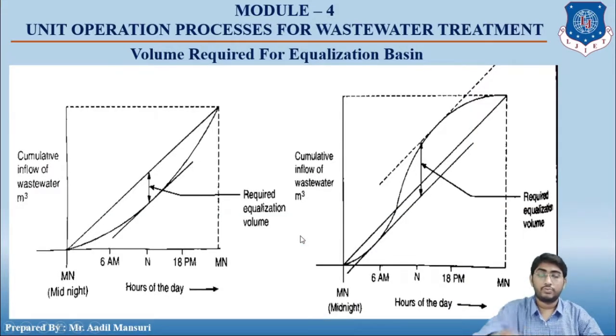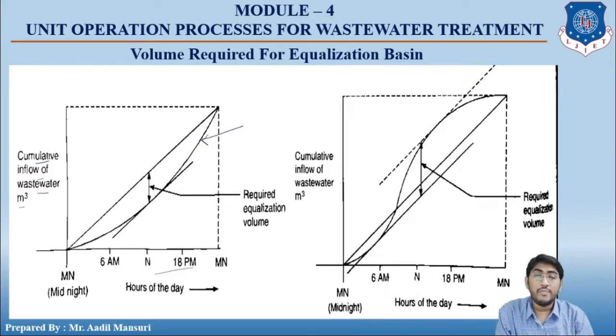Here, dear students, you can see that this is the cumulative inflow of wastewater in cubic meters, and on the x-axis there are the hours of the day. Clear? Now, when you plot the inflow of wastewater versus time, you get this curve.